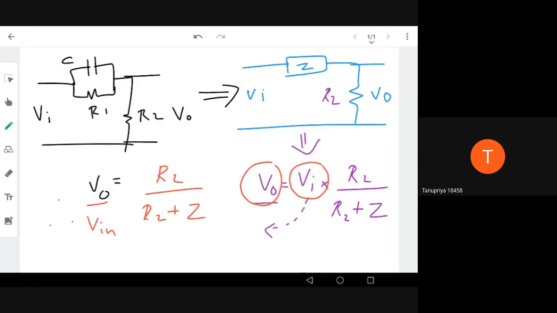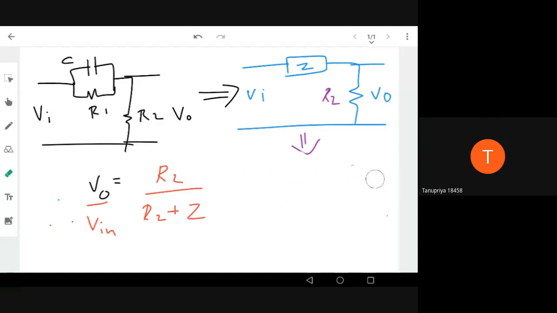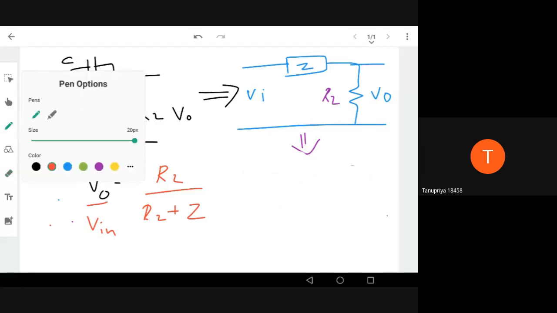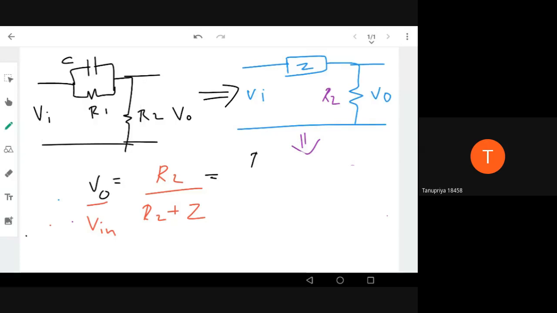And what it becomes, right? This is nothing but R2 divided by R2 plus what is Z? We already calculated Z. R1 divided by R1 CS plus 1, right?